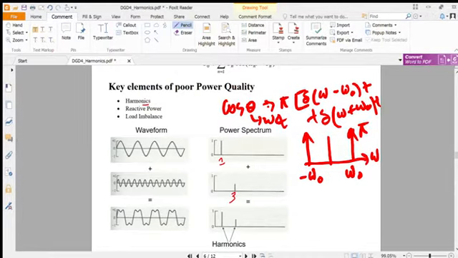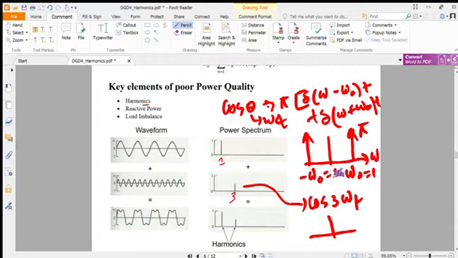We're just considering the single sideband, so there is a spike here only for the fundamental, and this is in the third position. For cos 3ωt we'll get spikes at plus 3 and minus 3.